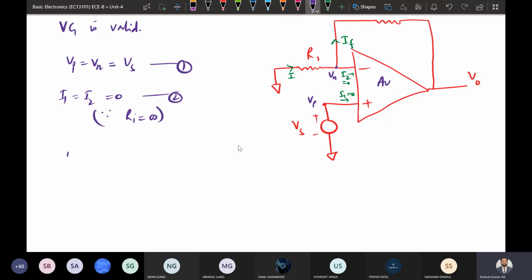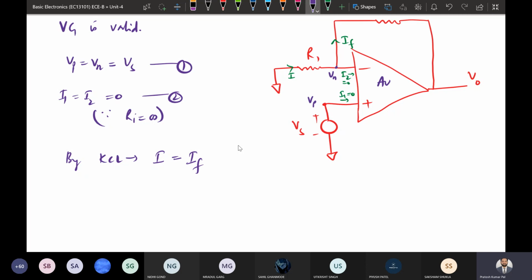So now by KCL we will be getting I equals I2 plus IF, but I2 is 0, so it will be IF. So now we will be putting the value of I. This is current going from 0 to Vn. That means this is at high voltage and this is low voltage.